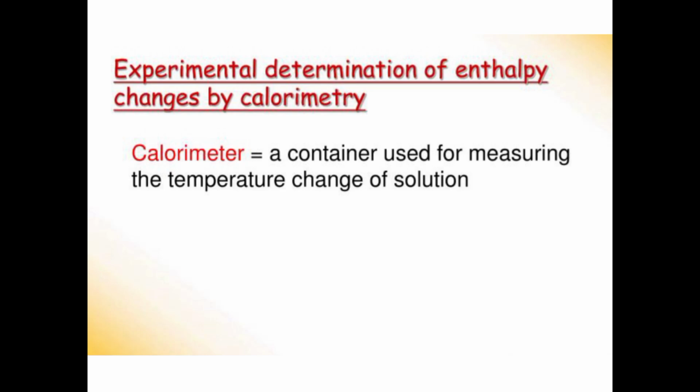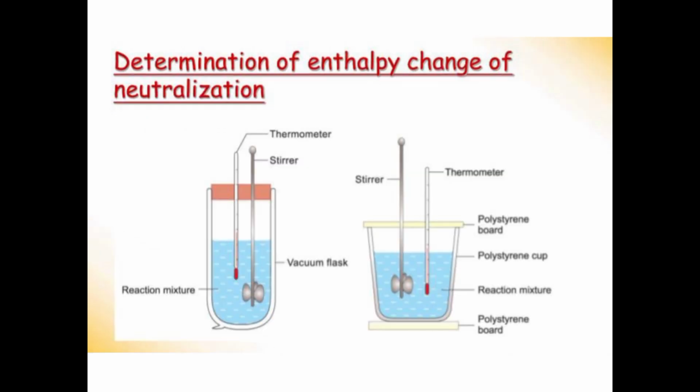The experimental determination of enthalpy changes is by the calorimetry method, and that involves the use of a calorimeter. A calorimeter is a container used for measuring temperature change of a solution. For combustion, we use what is called a bomb calorimeter. Okay, so we determine the enthalpy change of neutralization.